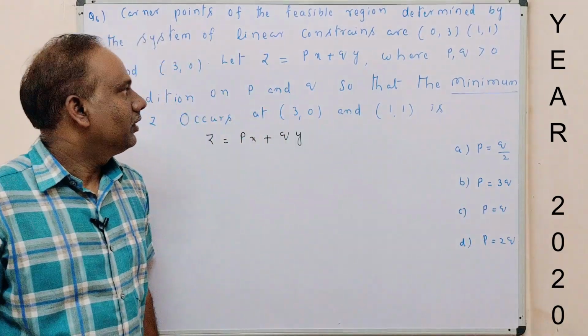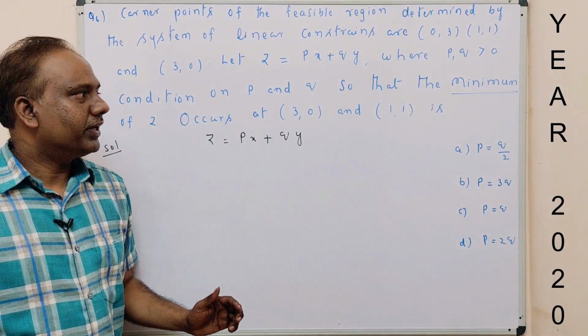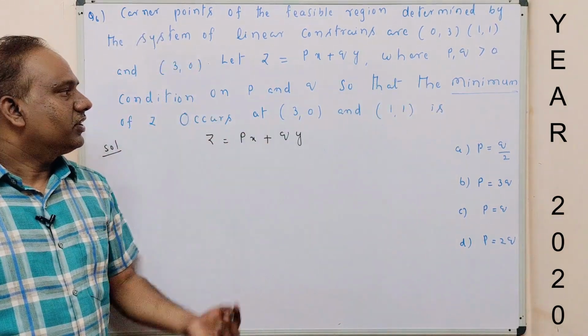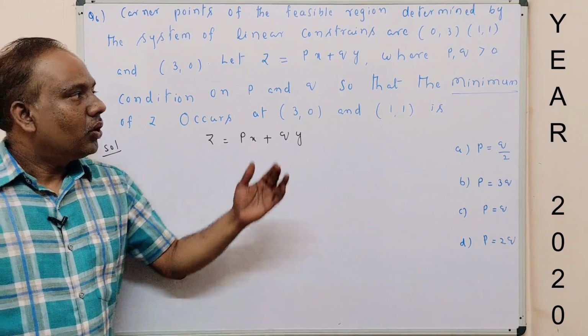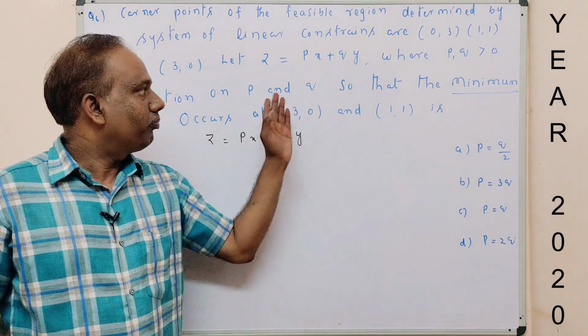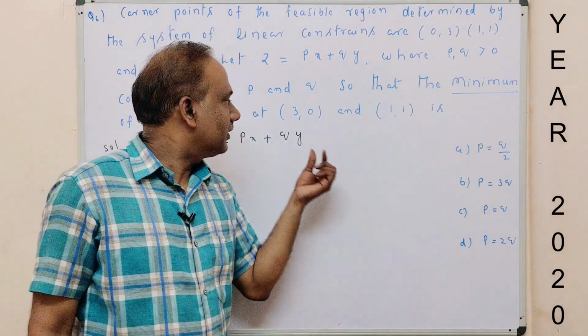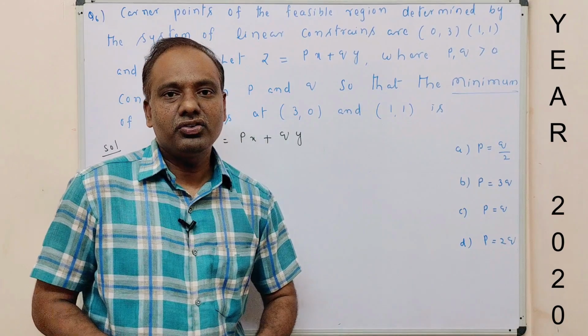And the question is the condition on p comma q, so that the minimum value of z occurs at 3 comma 0 and 1 comma 1. So actually, what is the condition of p comma q? That is the question here.